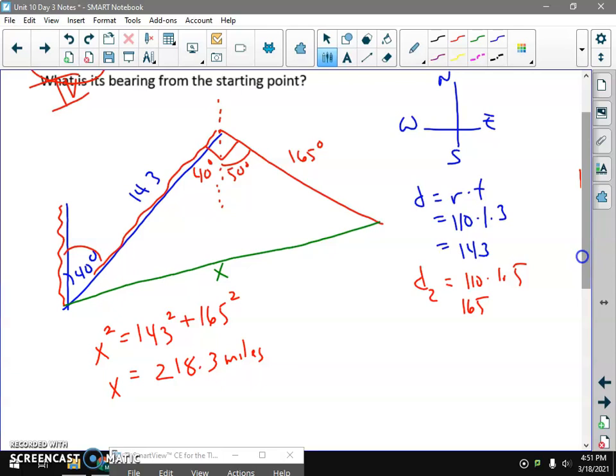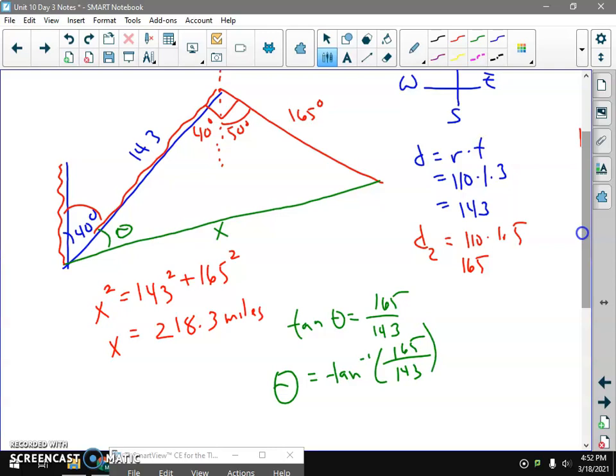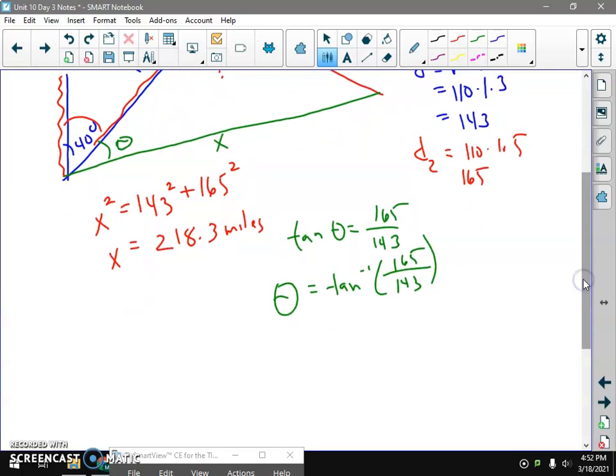And if I wanted to find the heading home, I could find this angle right here, which is, let's see, that would be theta. 165 is opposite, 143 is adjacent, so I could say tan of theta equals 165 over 143. That's why we have inverse functions. Tan inverse 165 over 143, which I got to be 49.1 degrees.